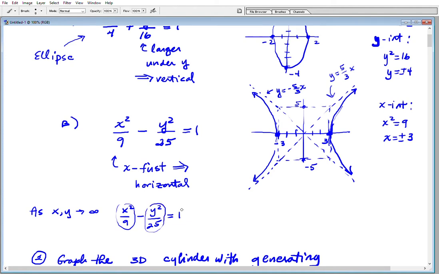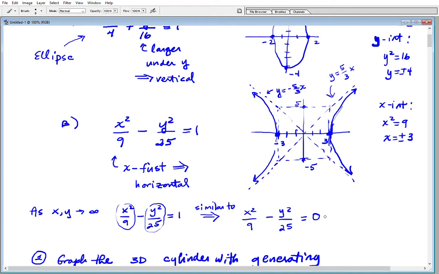So they dominate and the 1 becomes less significant. So this is going to be similar to this, because the 1 is insignificant compared to the x squared and the y squared. Those are getting large, and the 1 is insignificant.